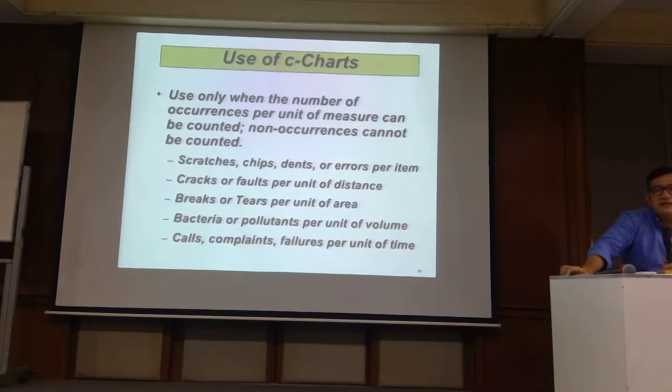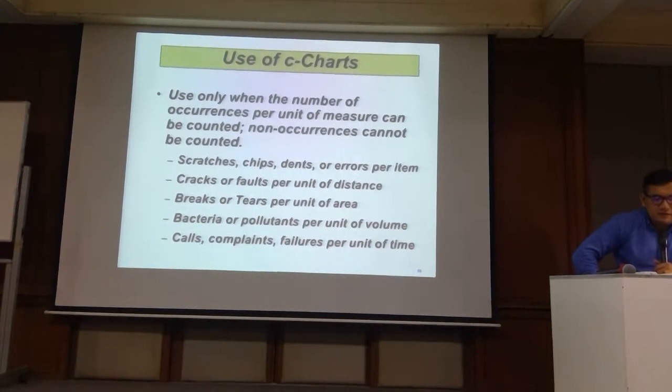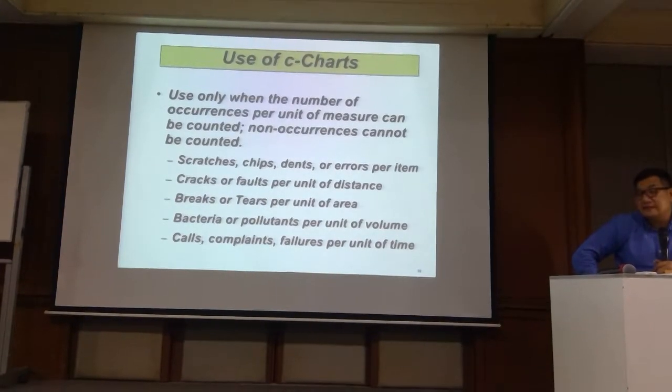So it means that you need to have what kind of unit that you measure, right? Per unit. For example, you measure customer complaints per day, the unit is day. You measure the number of bacteria per unit of volume, per liter.